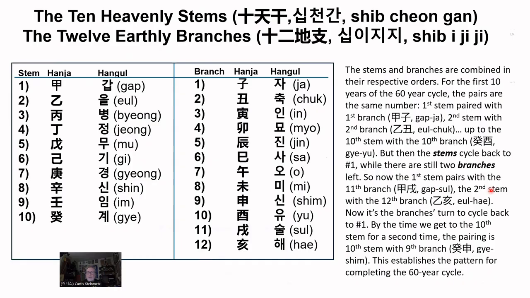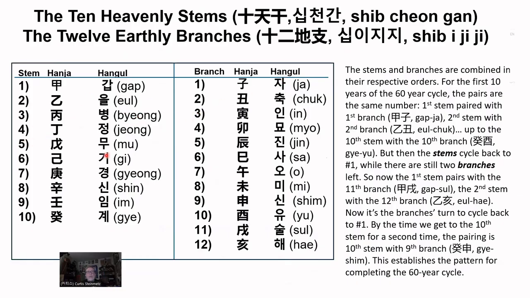The 12th year is then the second stem with the 12th branch, which is Ul Hae. And now we're out of branches, so the branches start over again. And now we're down to the third heavenly stem. So that will just go with the first.